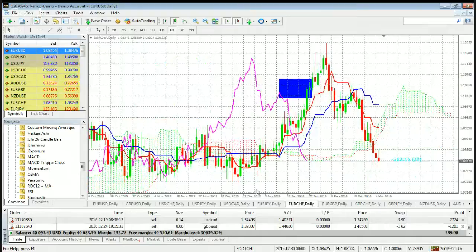Euro franc. What are we seeing here? What is this? Now, I purposely haven't done anything on this one yet. I wanted to see what you guys have done. So, what have you guys done on this one?